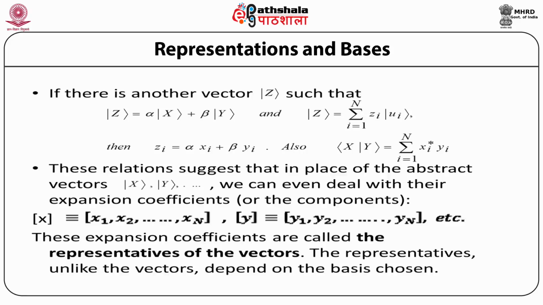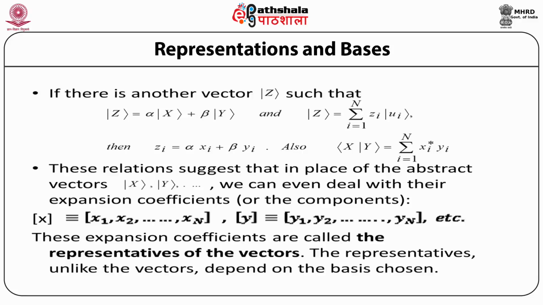We can also write the ket vector z in terms of the orthonormal basis ui, and it can be expanded as ket vector z is equal to the summation over i going from 1 to n of zi times ket vector ui, where zi are the coefficients corresponding to the ket vectors ui for the ket vector z.